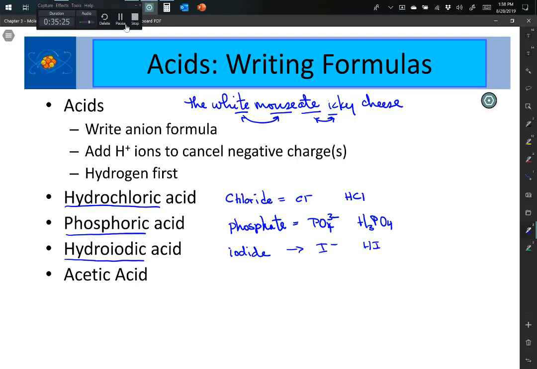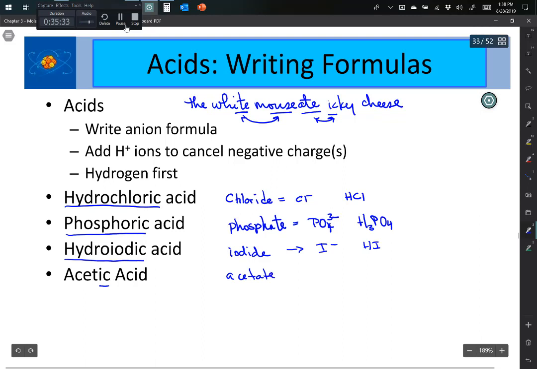And then acetic is 8, so that's acetate. That's C2H3O2 minus. So that's HC2H3O2, like that.